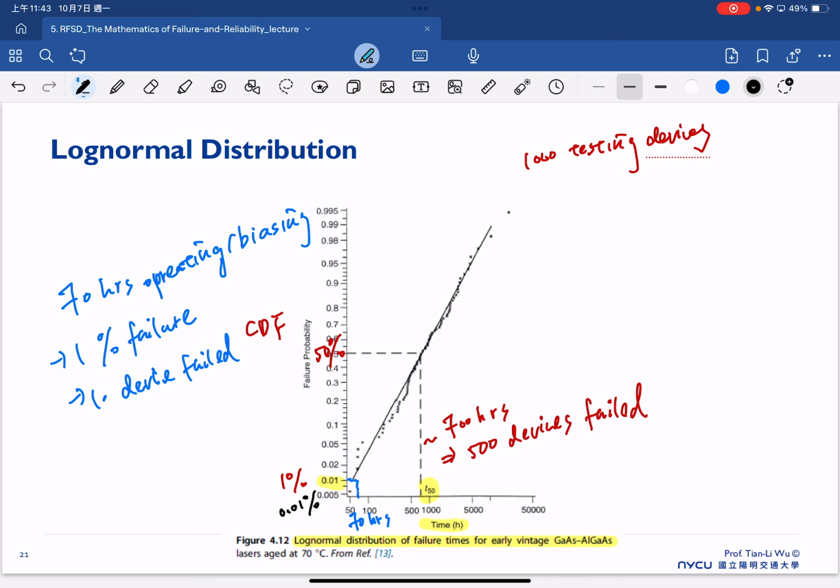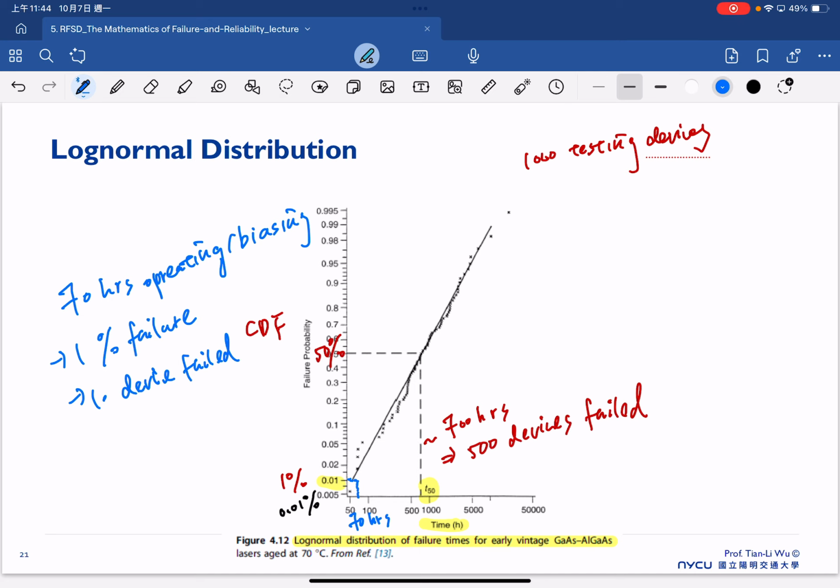So, now, what can you do to estimate the 0.01%? You have no data here. That's why we need this modeling, because it gives us a chance to do the prediction.